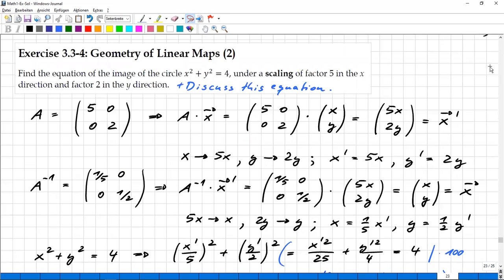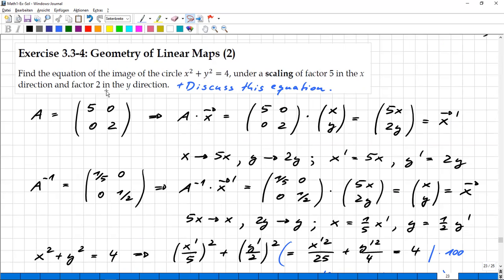This one is more interesting, especially if I add that we should discuss the equation that results from this mapping. So what is it? This seems to be obvious. It is the equation which defines a circle around the origin with a radius of 2. You know that this is always the squared radius, the very famous circle equation. This one should be scaled by a factor, but this time not with a single factor: the x component should be scaled with a factor of 5, while the y component should be scaled with a factor of 2.